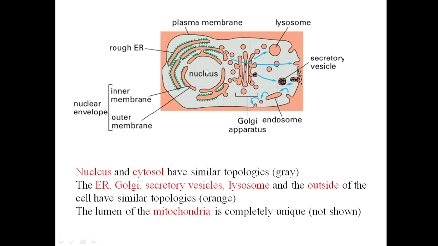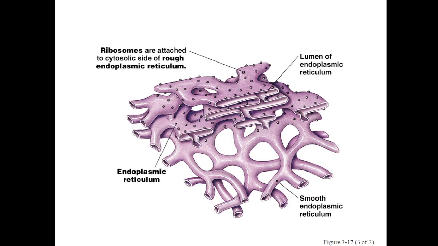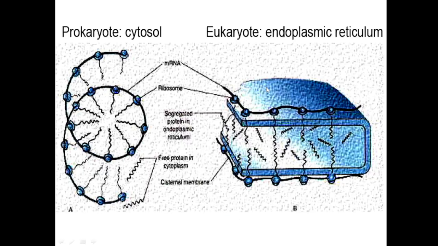Any protein synthesized in cytoplasm, any protein synthesized in endoplasmic reticulum. And again, rough and smooth endoplasmic reticulum; rough is bound with ribosomes. And it is an important factor for next transformations of polypeptide chains. In prokaryotic ribosomes, synthesis takes place in cytosol, but in eukaryotes it can be synthesized either in cytosol or in the endoplasmic reticulum.